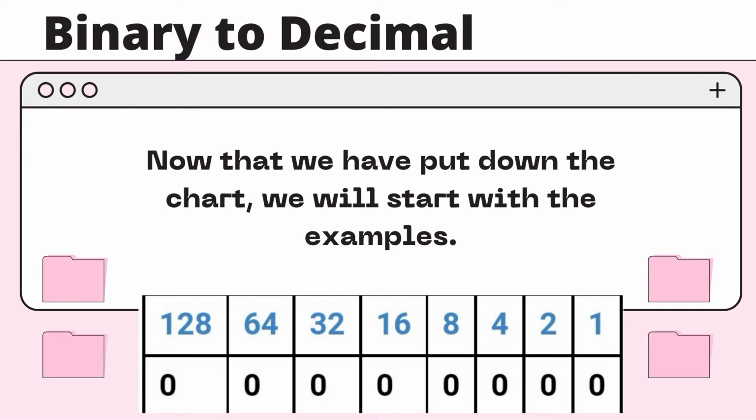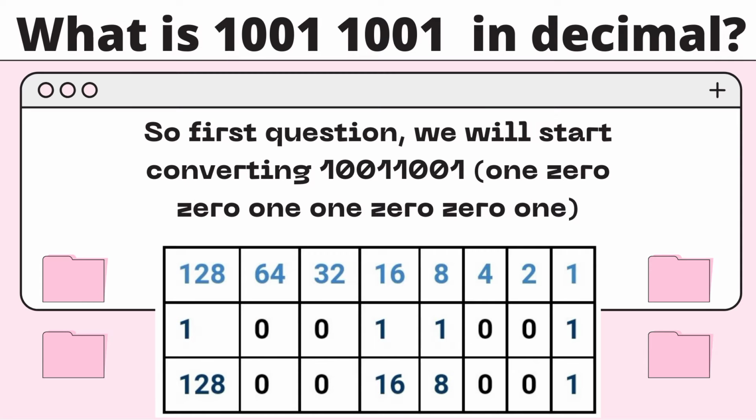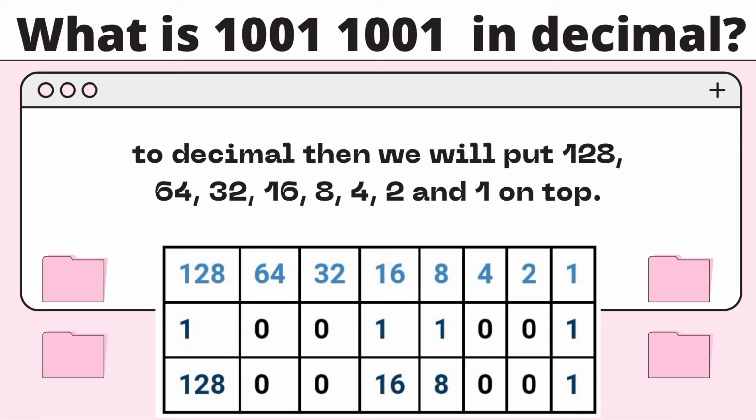Now that we have put down the chart, we will start with the examples. So first question, we will start converting 10011001 to decimal, then we will put 128, 64, 32, 16, 8, 4, 2, and 1 on top.